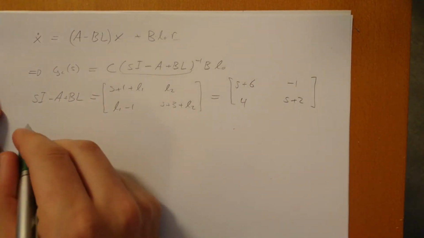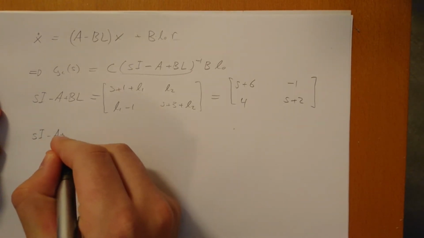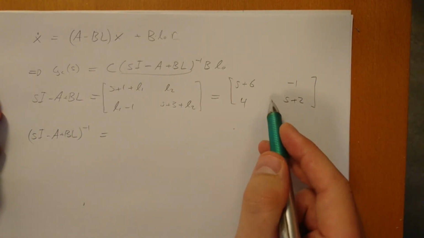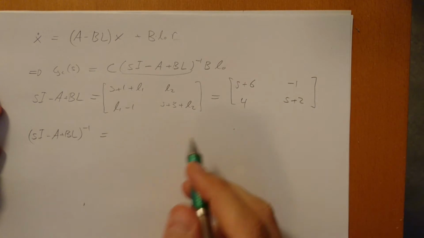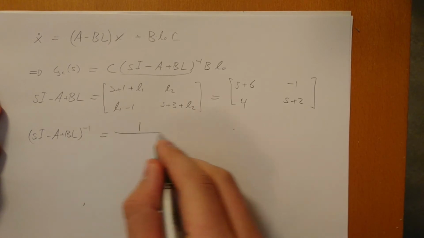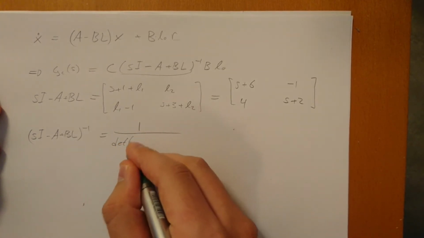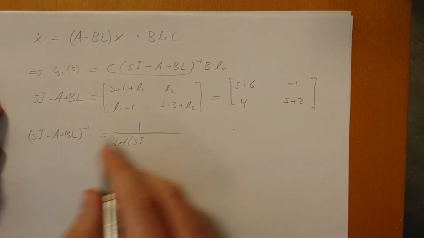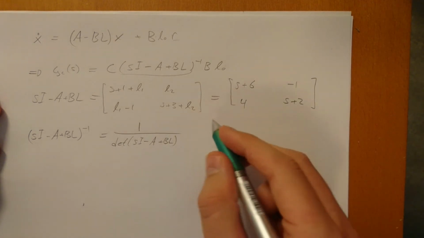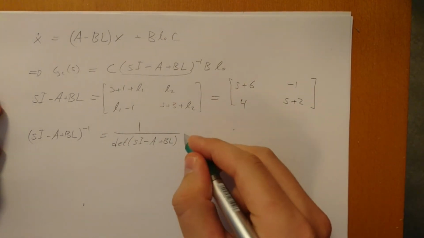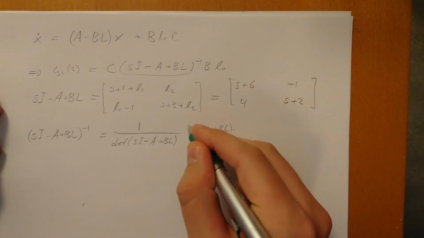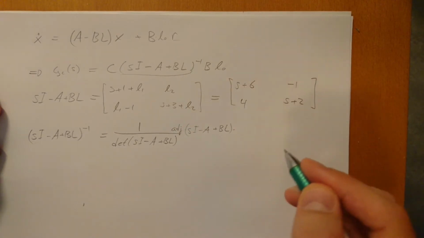And now we need to take the inverse of this matrix, sI minus A plus BL inverse, which is the inverse of this one. And before I write it out, let us just remember that the inverse is equal to 1 over the determinant of the matrix you want to invert. So it's the determinant of sI minus A plus BL times the adjugate matrix, which we denote like this, adjugate.